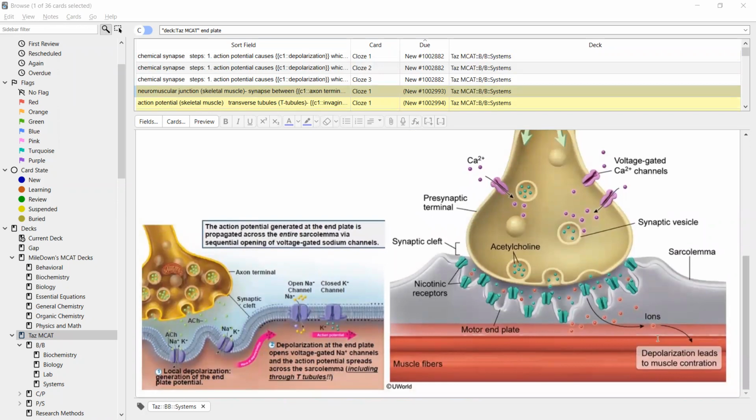But then a really different process is happening, because you'll see here, we're not attaching to another neuron, we're attaching to something called the motor end plate. So when we synapse onto the motor end plate, we're leading to a process that's going to allow for muscle contraction. So that's basically the template, the main idea now, but there's ways that this will be modified and different.